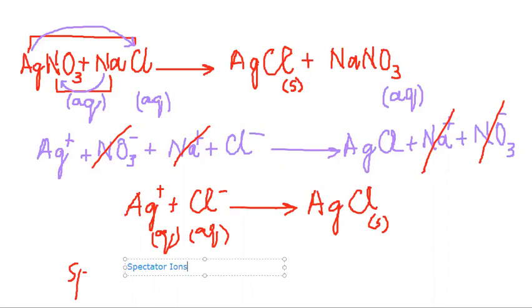So what are spectator ions? Na positive and NO3 negative.